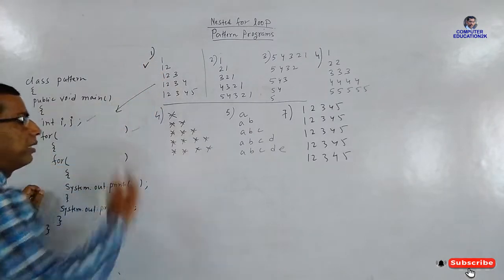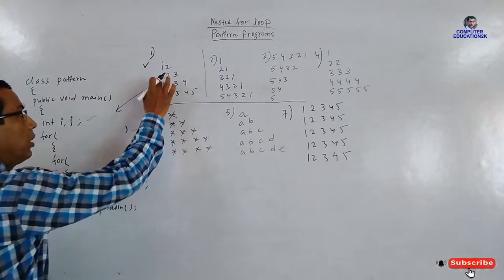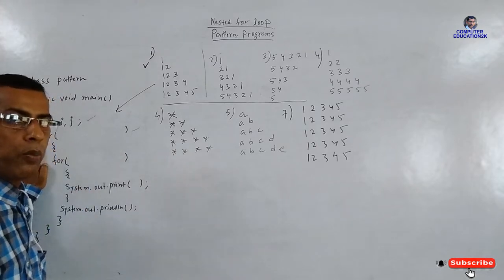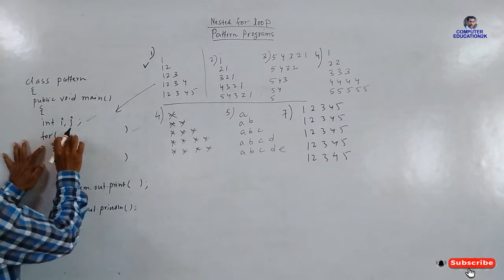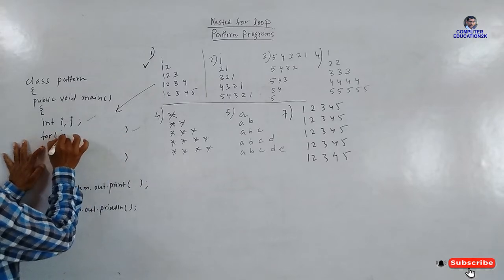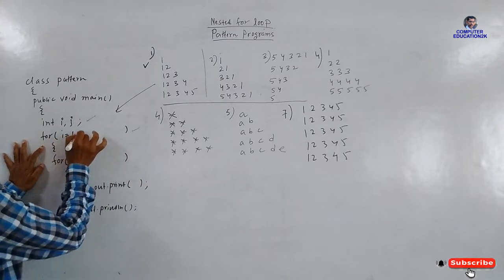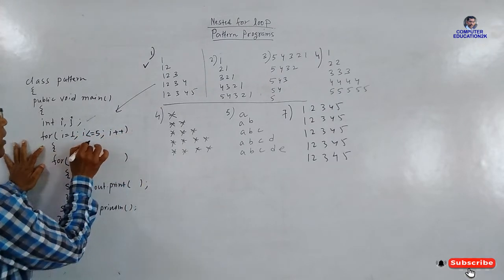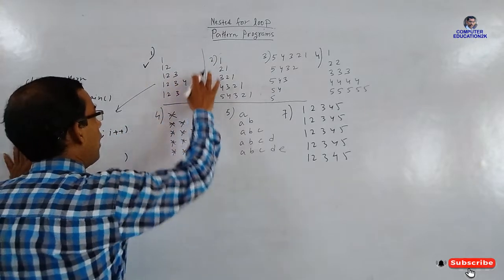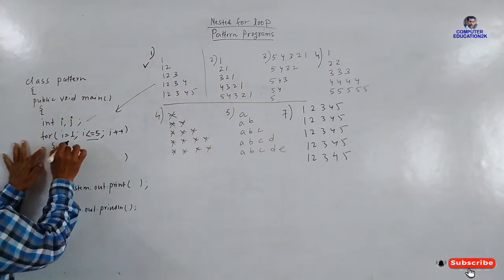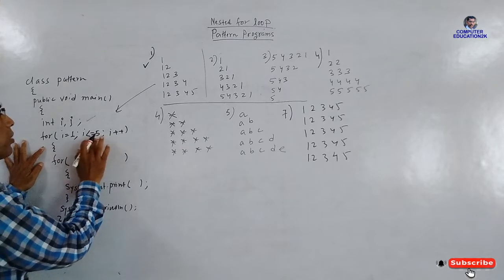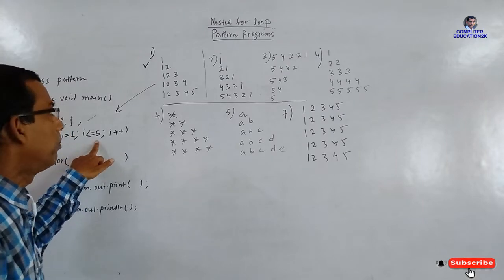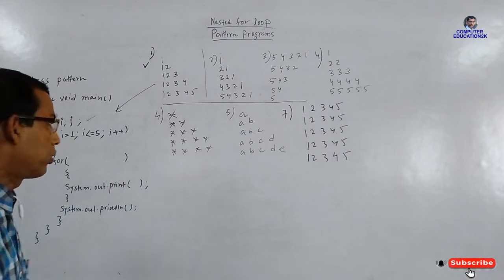There are 5 lines, and this loop represents the number of lines or rows, so it will run from 1 to 5: for i equals 1; i less than or equal to 5; i plus plus. There are 5 rows, that's why I am writing 1 to 5.